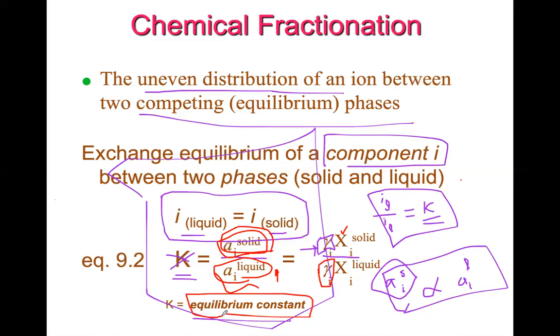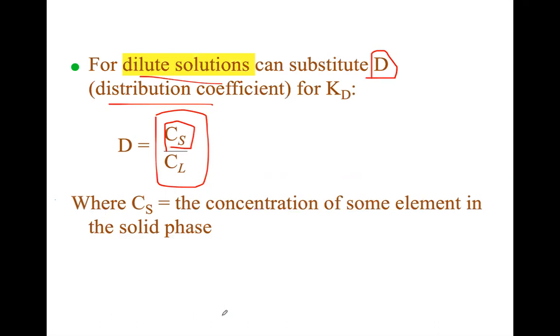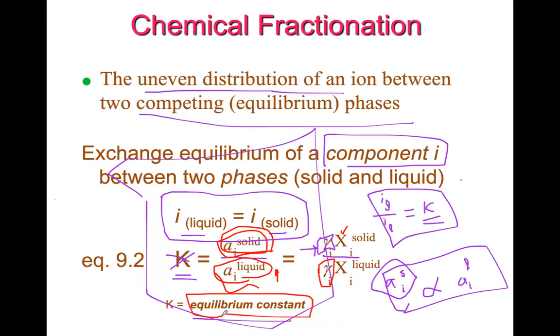So since the trace elements in magmas are at ppm levels, because they are low concentration, that's actually why we call them trace elements, right? Then you can take it directly as concentration ratios, right? No harm, even if you don't take the activity coefficient there, right? Okay.